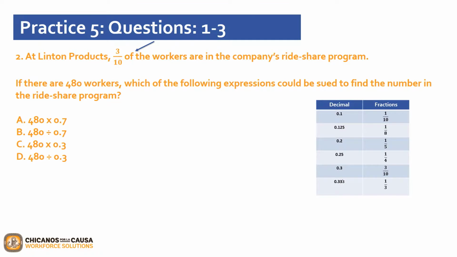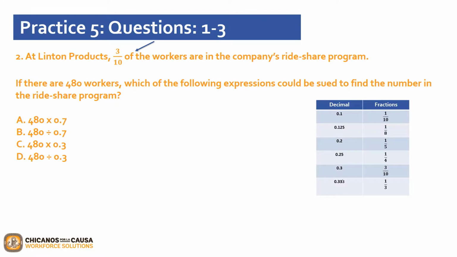We can see from the table that the equivalent of 3/10 in decimal form is actually 0.3. Therefore, right off the bat, we can eliminate options A and B as possible answers, as we know the equivalent decimal is 0.3, not 0.7. This leaves us with options C and D.